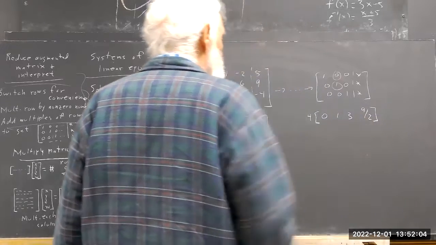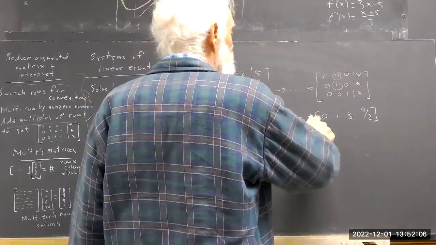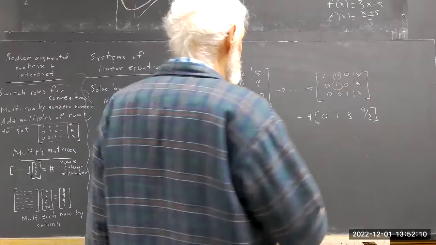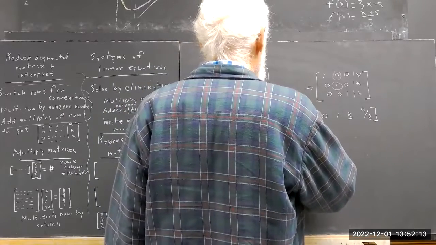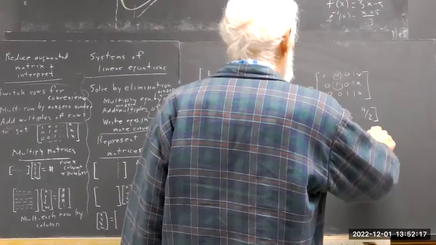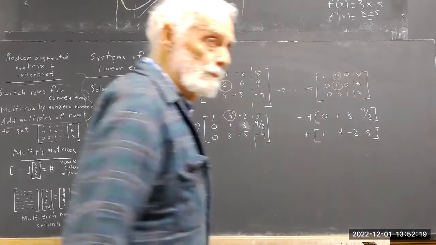I do 4 times 0, -4 times 0, 1, 3, 9/2, right? And I add that 1, 4, -2, 5. Okay.